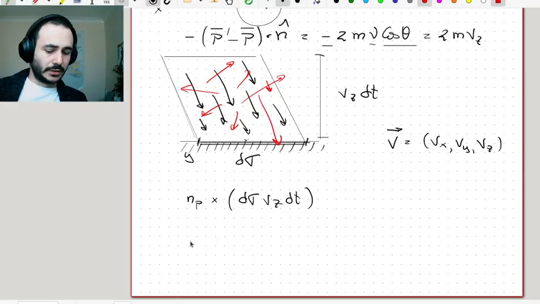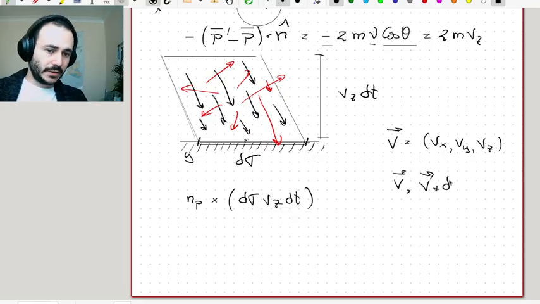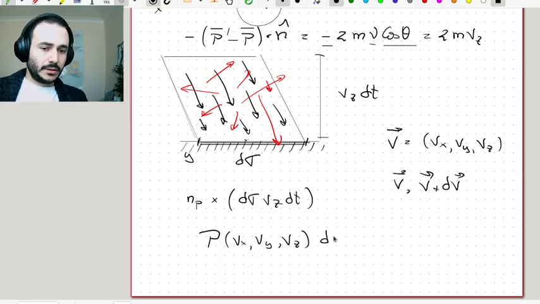For this I have to introduce a little bit of new notation. I'm going to write the probability of finding anywhere in the system a particle with velocity in the infinitesimal neighborhood of v, that is, between v and v plus dv. I'm going to call that some probability distribution that depends on vx, vy, and vz, times the infinitesimal volume element in velocity space, dvx, dvy, and dvz.